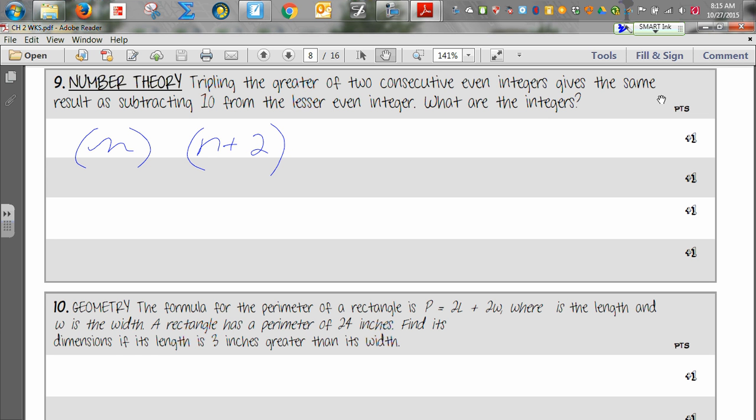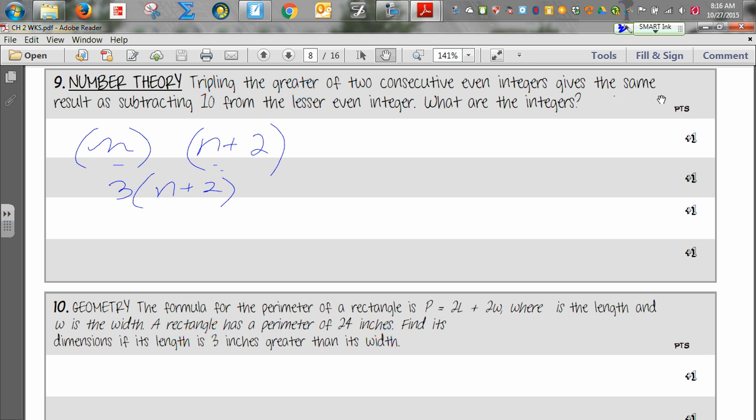Now, if I'm going to triple something, how would I do that? Multiply it by 3. Okay, so it says, what are you tripling? Okay, so which of these 2 do you think is greater? N plus 2 has to be, right? So I'm going to triple that, which means I'm going to go 3 times N plus 2.